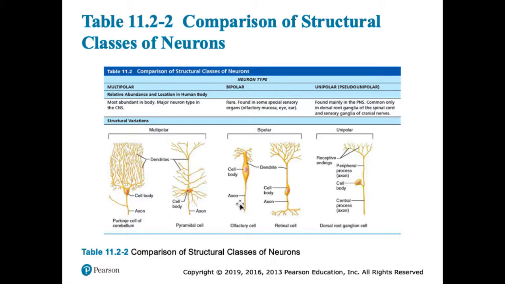You also have the bipolar cell, and an olfactory cell is one of those that we can find in the eyes, the ears, and the olfactory mucosa. You see the dendrites here with the cell body really close, and long axons. Retinal cells have a cell body with a pretty long dendrite with branches and an axon. And then, of course, this unipolar that we talked about: the cell body is here, and basically there are receptive endings throughout the whole process. This you would find as a dorsal root ganglion cell.